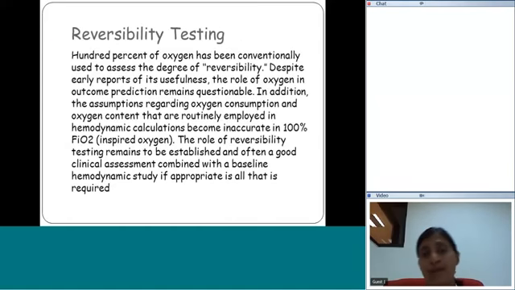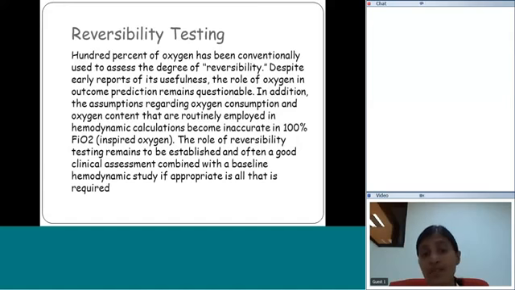Baseline data is very important, and I think baseline data gives you much more information than any other sort of fancy testing that you might do in the lab. One of the problems with things like 100% oxygen, like we discussed, is are we really delivering 100% oxygen? In addition, we assume a lot of things, like the oxygen consumption assumption and the oxygen content assumption. They're all assumptions, all calculations, all prone to error.